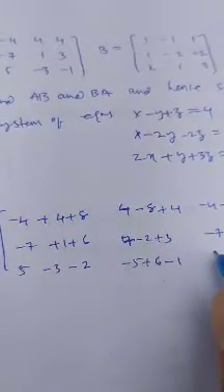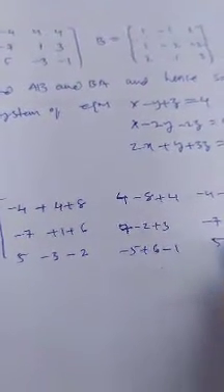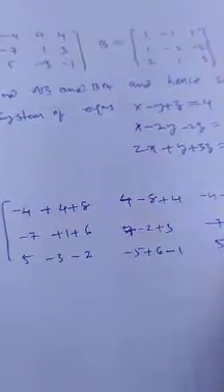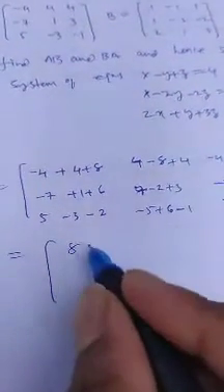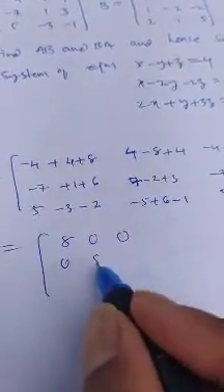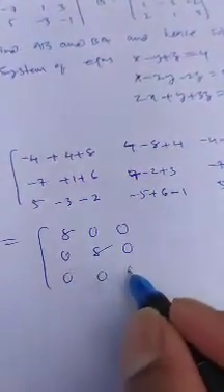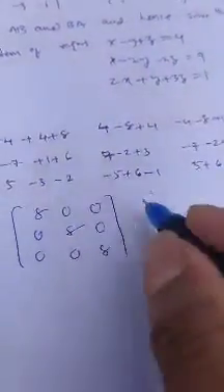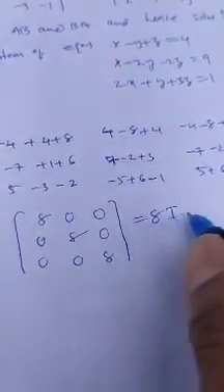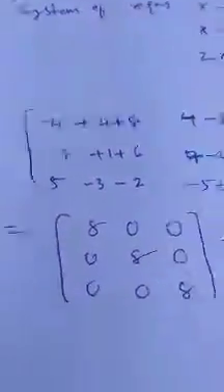Last row into last column, 5 plus 6 minus 3. So after simplifying, you will get 8, 0, 0, 0, 8, 0, 0, 0, 8. That implies 8 into I3. So A into B, you got 8 into I3.